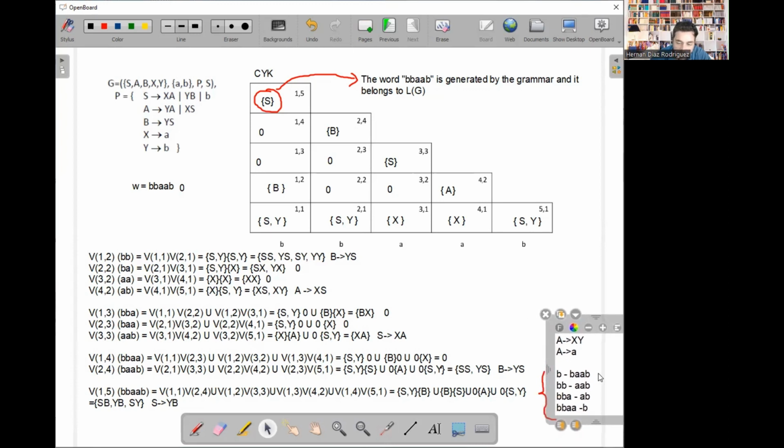Right, in Chomsky Normal Form, I could generate it with any of these combinations. So the only thing that I need to do is to see how I could do this, right?